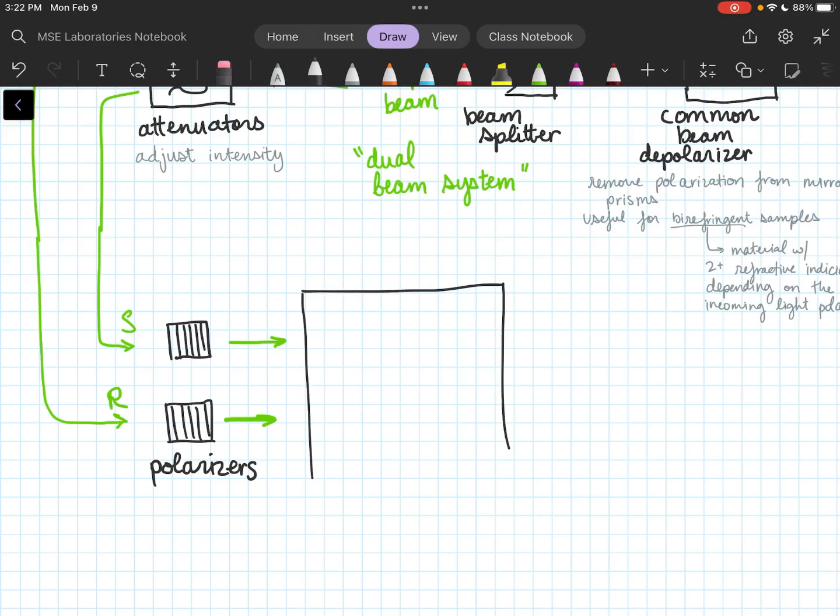Then, and I am going to draw it as a big black box because we'll talk a little bit more about it in a second. Then we have the sample and detector compartments.